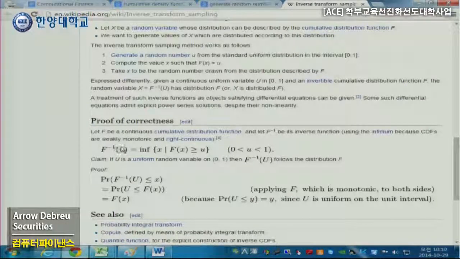So F inverse of U is basically the probability that a random number X is less than or equal to x, such that F(x) is U, right?